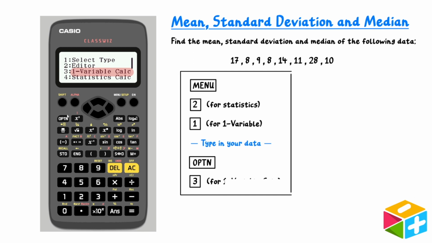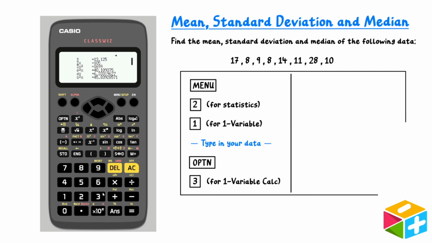We do this by pressing 3. The calculator will present us with a long list of statistical quantities. The mean, standard deviation, and median are contained here, but we'll need to know where to look.